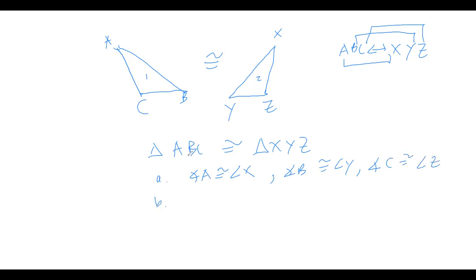And the corresponding sides, AB should be congruent to side XY, AC congruent to side XZ, and BC congruent to side YZ.